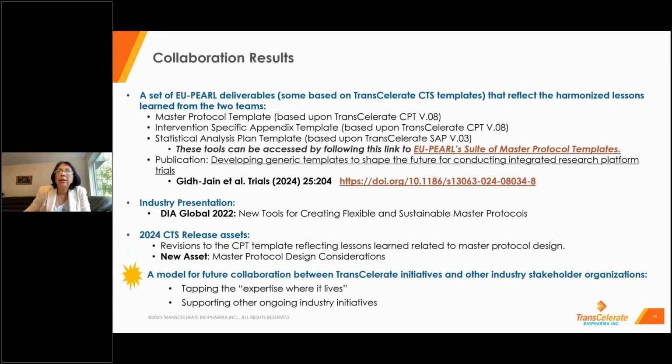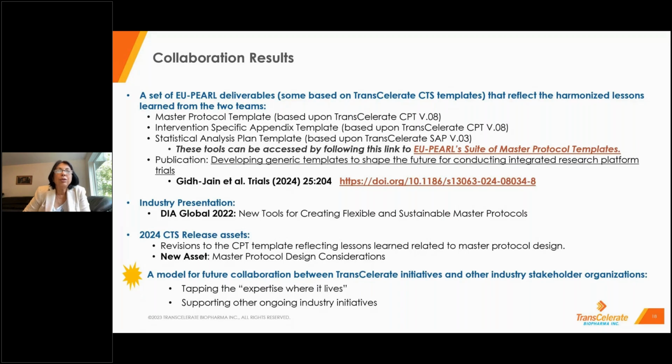First of all, we did generate templates for the master protocol, as well as intervention-specific appendix, which sometimes is also known as the sub-protocol. Then we had a statistical analysis plan template.